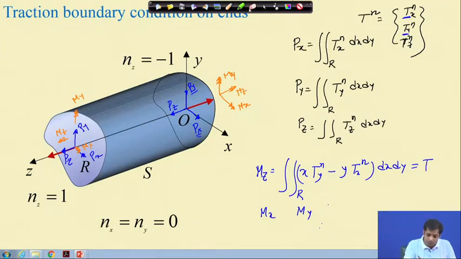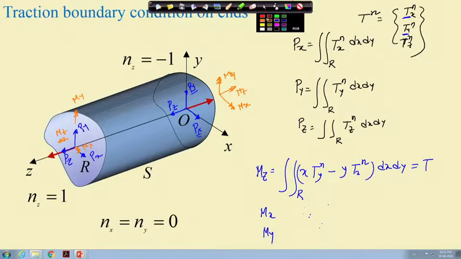Now, what are the boundary conditions we have here? This is the general case. If we now consider only the case we have in hand, where we have a shaft and at one end we are applying only torsion, then these forces will be equal to 0.